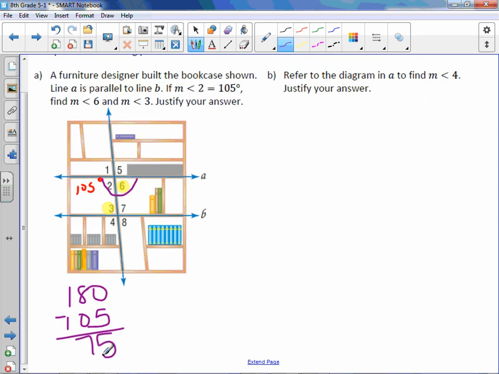So the measure of angle 6 equals 75, and my justification is that it's supplementary to angle 2. Okay, that's the first one. So this one I know now is 75 degrees.